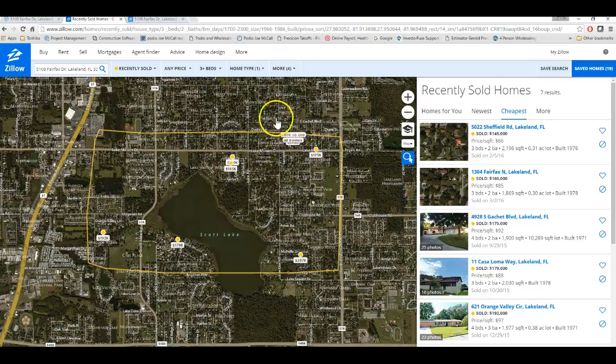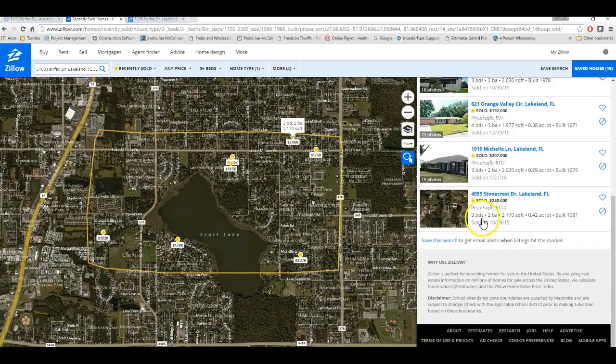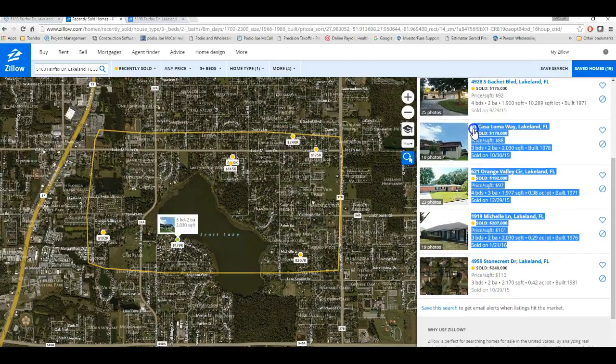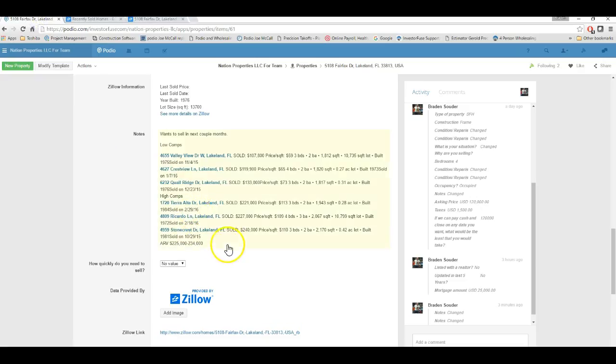The prices are lower over here than they are over there. So we want to be in the same area or neighborhood if possible. So this is the highest one. I'm not going to consider that one. Let's take these three and go with that. Let's make these three our high comps. Okay.